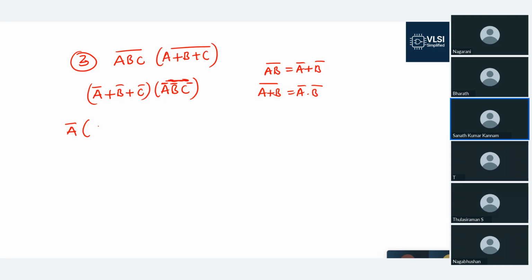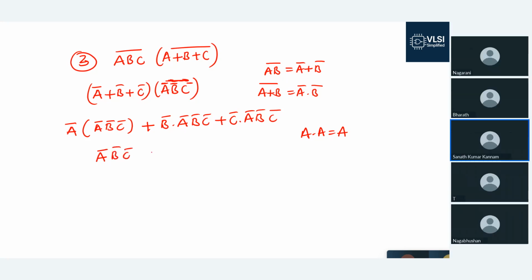So A bar into A bar, B bar, C bar, or B bar into B bar and A bar, B bar, C bar, or C bar and A bar, B bar, C bar. From the AND law, you know that A and A equal to A. So A bar, B bar, C bar, A bar, B bar, and A bar, C bar.